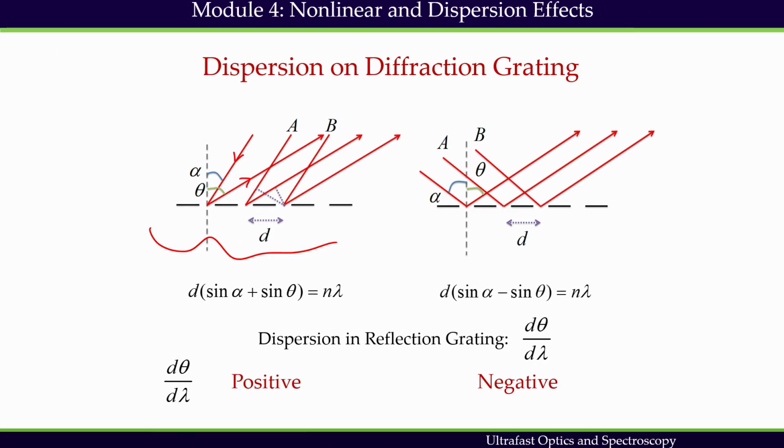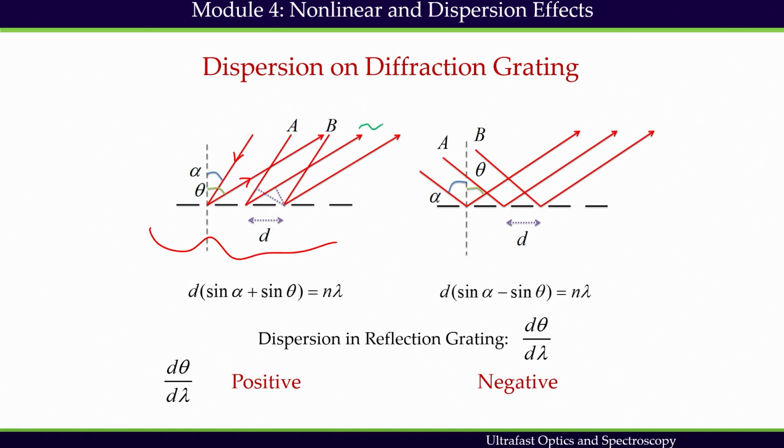Now, ray A, we are considering two different rays, A and B. A has to travel an extra distance in comparison with ray B in order for constructive interference to occur. So what is going on?